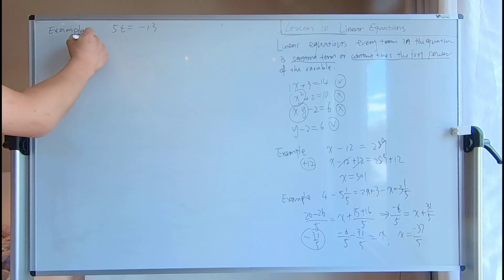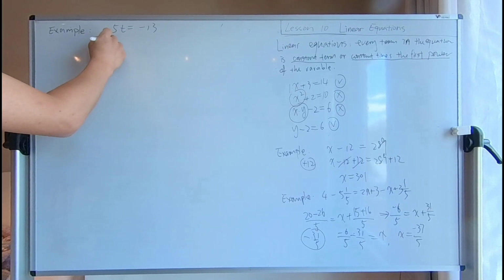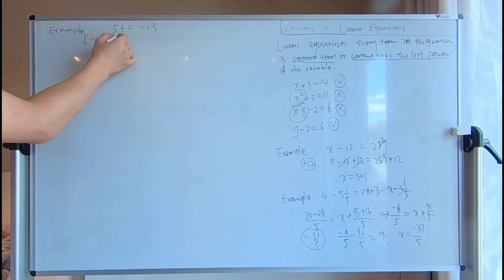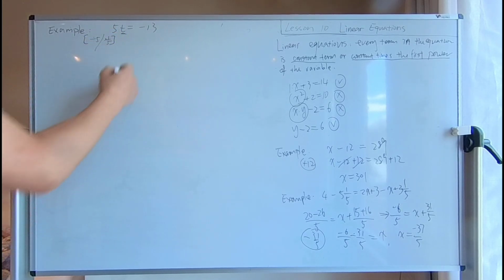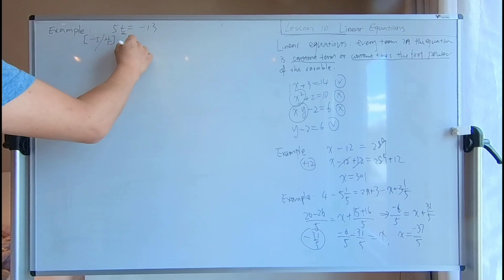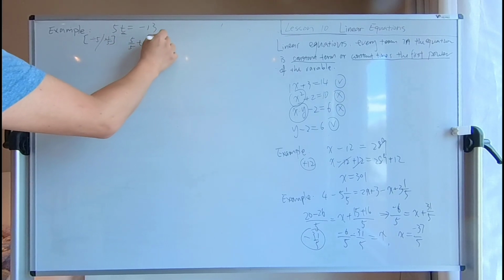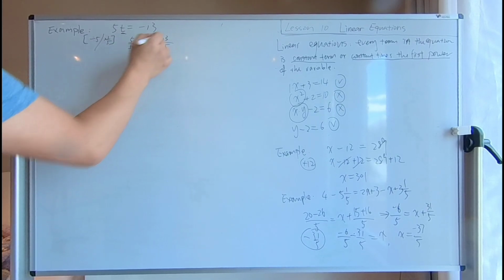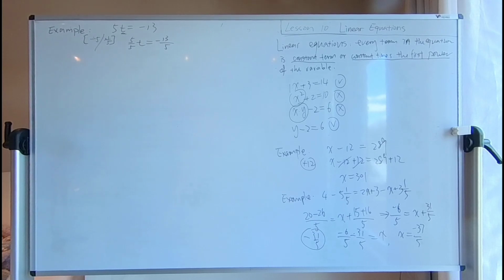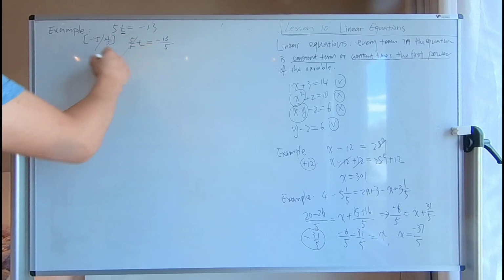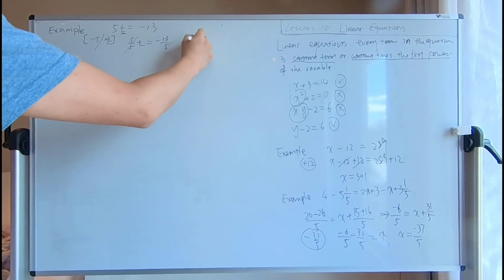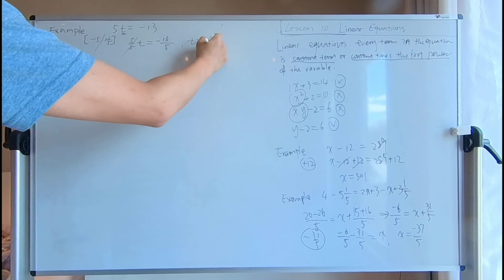To solve this one, I need to divide by 5 or multiply by 1 over 5 on both sides, right, in order to isolate t. So I get 5 over 5 t equals minus 13, and I'm also dividing by 5 on the other side. So then these two cancel out, and I have t equals minus 13 over 5.